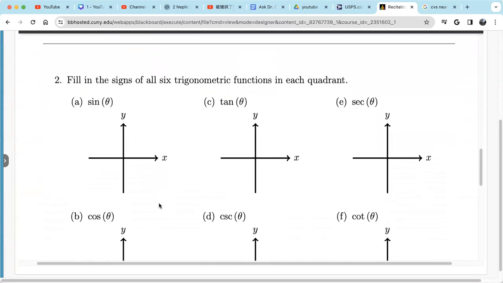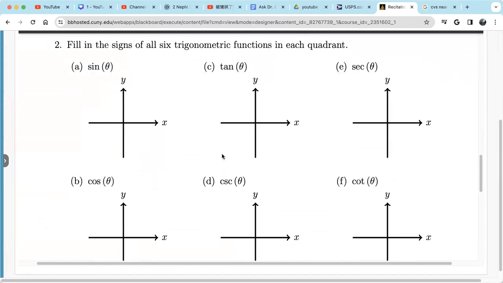Now let's see this one. We need to remember which trig values are positive or negative. Sine values are positive in the first quadrant and in the second quadrant. Why? Think about the triangle here, right? The sine of this angle equals opposite over hypotenuse. The opposite is positive, so sine is positive.